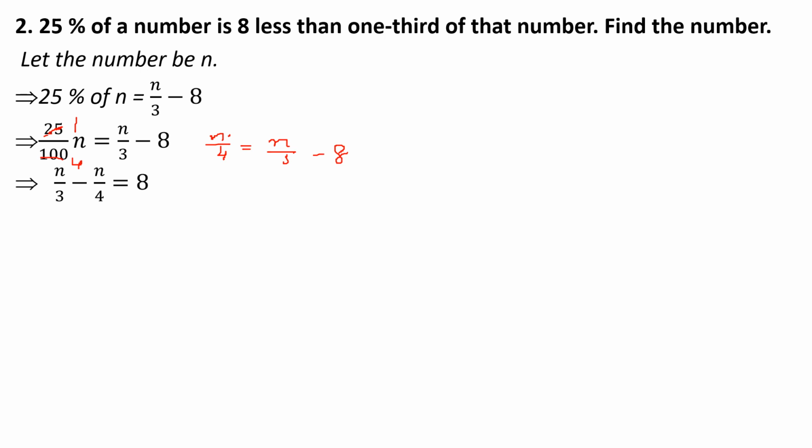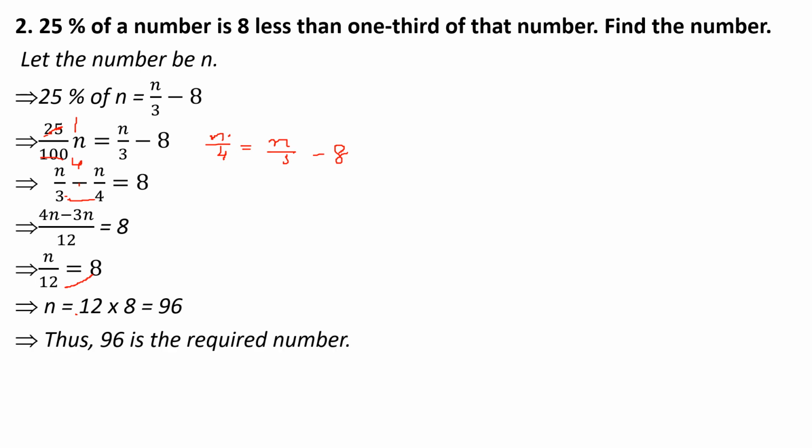So we have n by 3 minus n by 4 is equal to 8. Now the LCM of 3 and 4 is 12. Then cross multiplication: 4 into n is 4n, then 3 into n is 3n, which is equal to 8. 4n minus 3n is n, divided by 12 is equal to 8. Then multiply 12 into 8. So n is equal to 12 into 8, that is 96. So the required number, the given number, is 96.